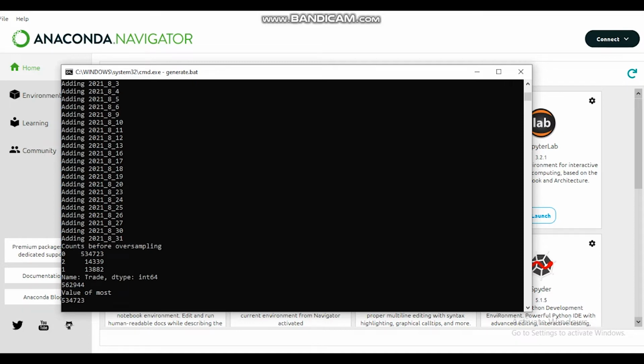Then make use of oversampling. As you can see, there are 3 classes. 0 is all the negative trades, 2 is the positive sell trades, and 1 the positive buy trades. So just apply some oversampling just to increase the numbers of these 2 classes that are far less than the first class.